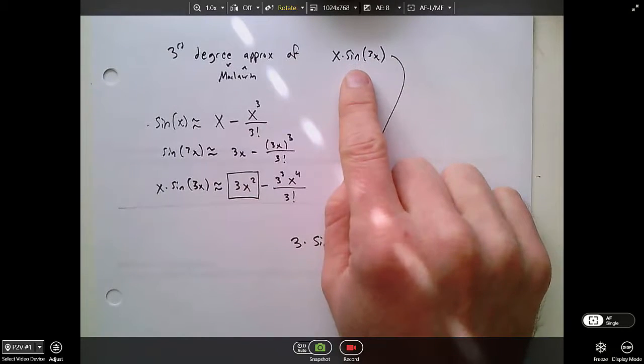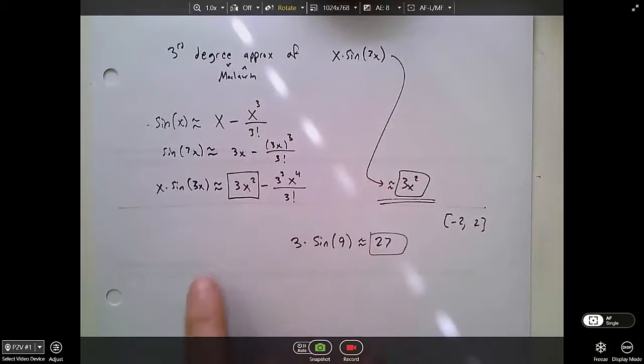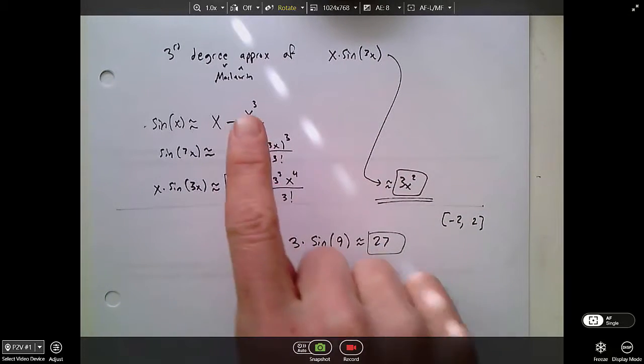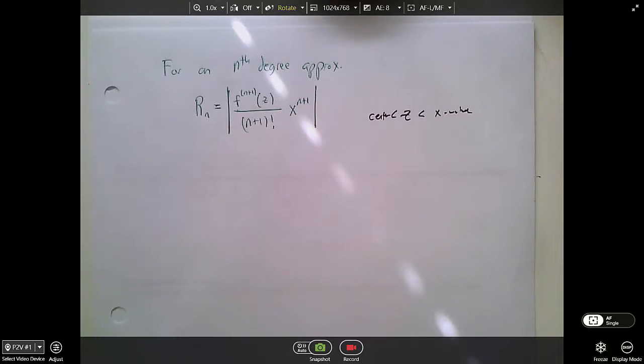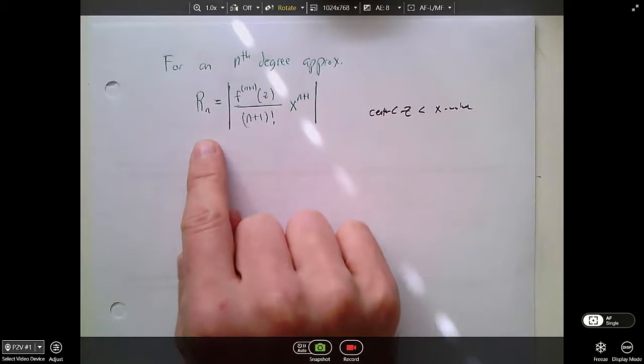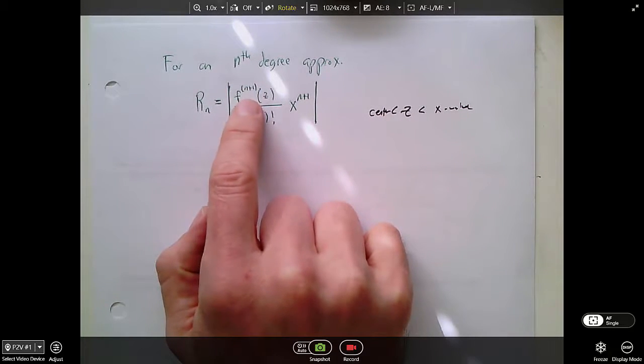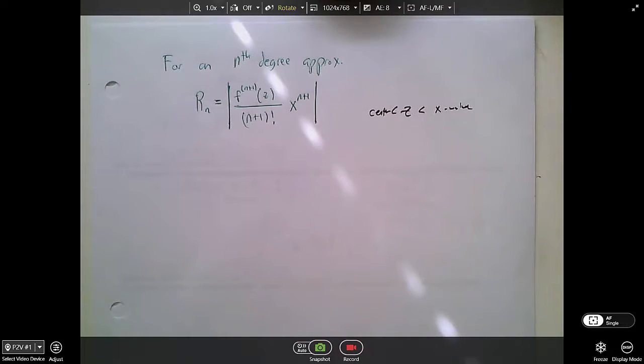Like, we know how to take derivatives, and I can see that the 3rd degree approximation is actually the same as the 2nd degree approximation. So if I'm looking for n equals 2 here, that means I only need to be able to take 3 derivatives in order to find an expression for this. And that doesn't seem that hard, so let's give it a try.